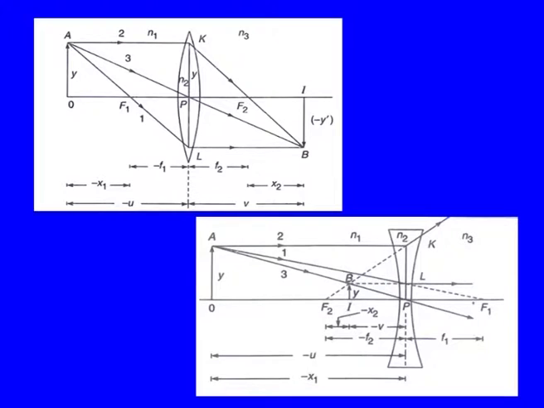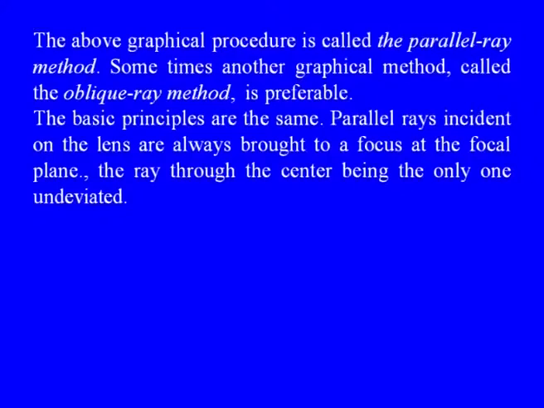A ray which was going towards f1, after refraction becomes parallel to the axis, and these two meet at the point B, which is the image of the point A. The above graphical procedure is called the parallel ray method. Sometimes another graphical method called the oblique ray method is preferable. The basic principles are the same.